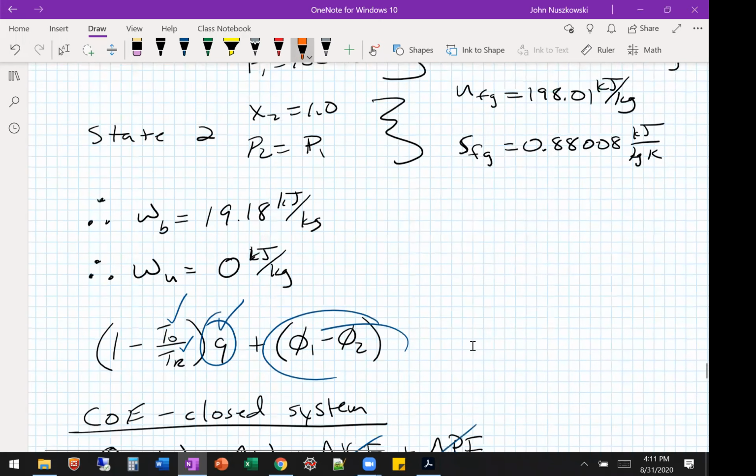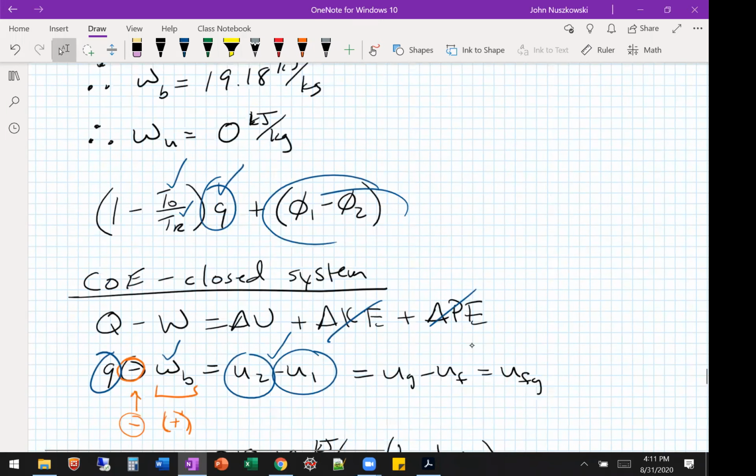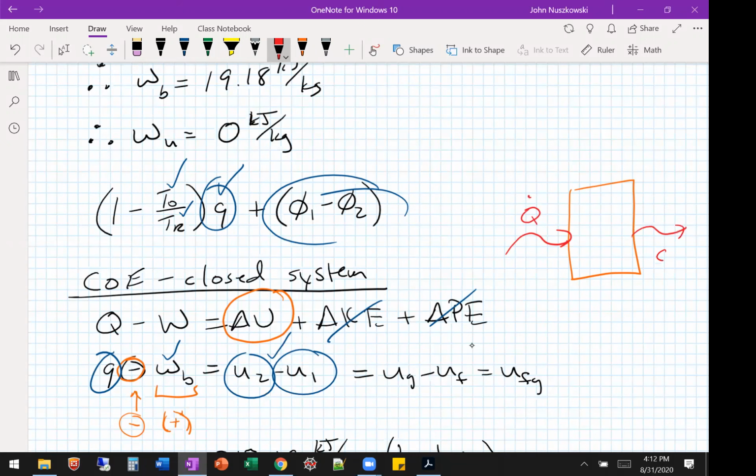Same with over here. The energy inside our system changes because we're putting in heat, right? If this was a closed system, let's say we had a fixed volume system, or it's your house or something like that, and we were putting in a rate of heat transfer and there was some rate of heat transfer leaving.